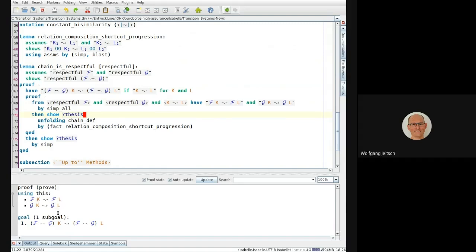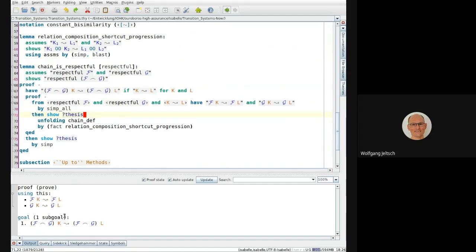But if you have this single shortcut composition, then it means this, because FK composed with GK is just F chain G applied to K. This is how the chaining is defined, pointwise composition. And likewise on the right-hand side with L.